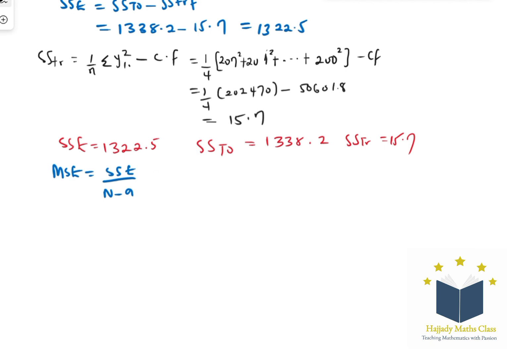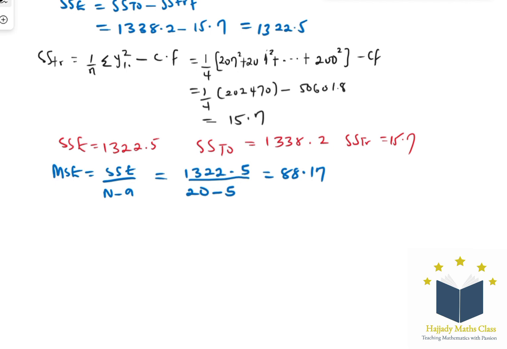Like I said earlier, you can check my previous video to see how I got this. Here I got 1322.5 over capital N, which is 20, minus a, which is 5, and this gives 88.17.